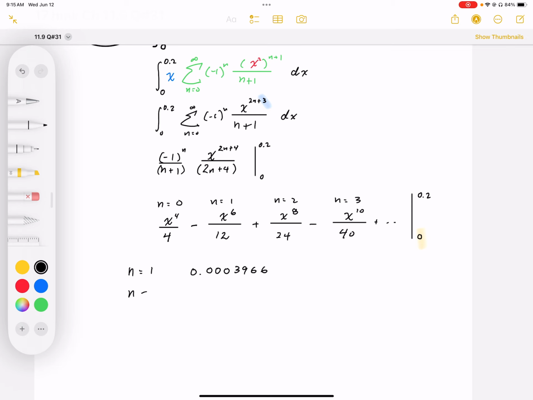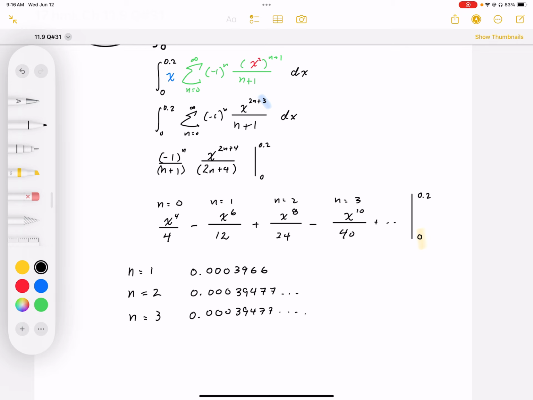When I plug it in to get a partial sum of the first 3 terms, or when n equals 2, I get 0.0003947. It just keeps on going. When I do it for n equals 3, the first 4 terms, I get 0.0003947.